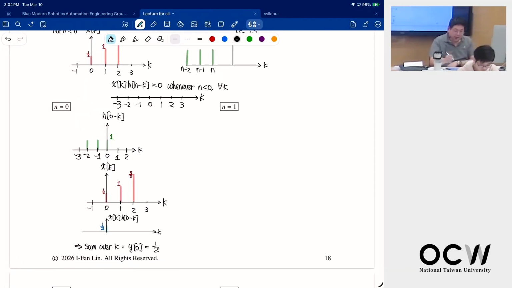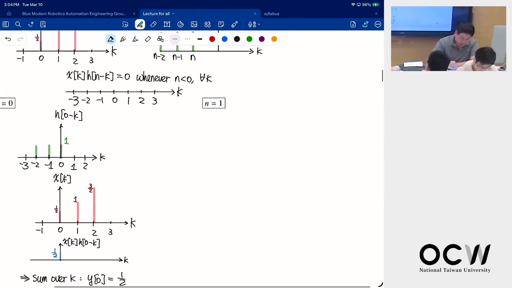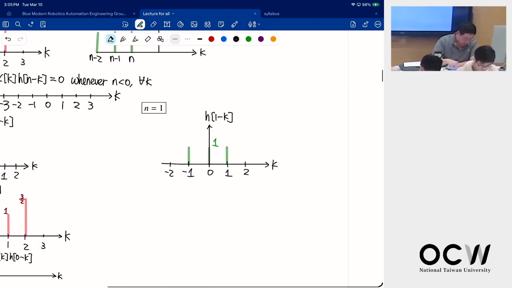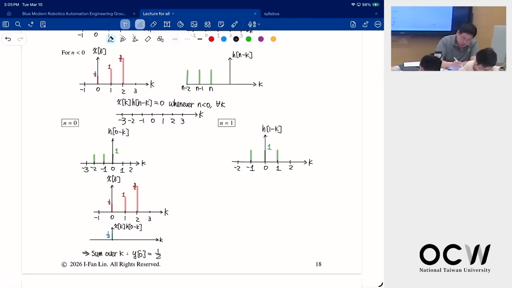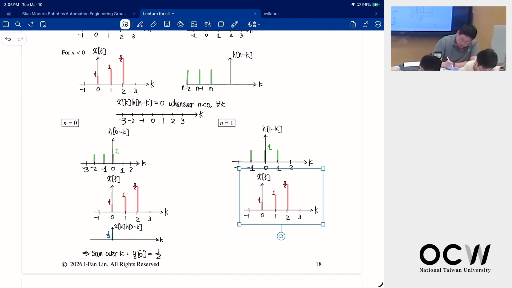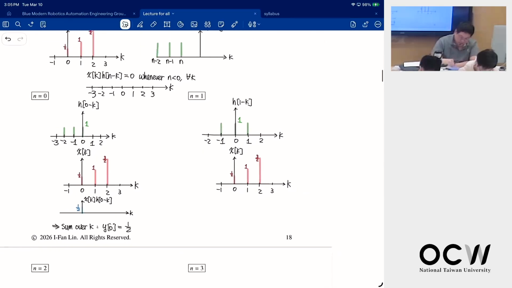When n equals 1, I will shift this to the right by another 1 unit. I need to redraw. Here we have h of 1 minus k, right? And your x is still the same. Now put it here. And then what is your output?